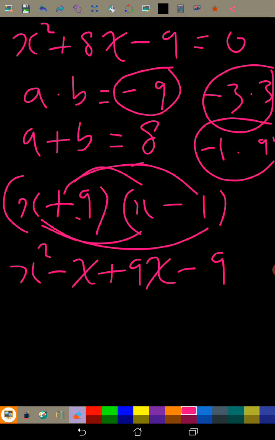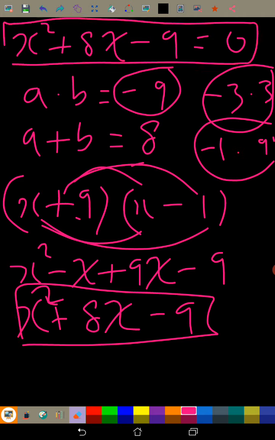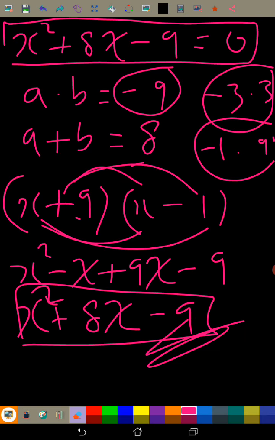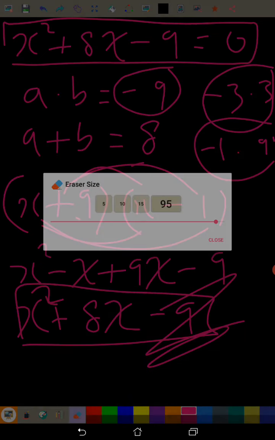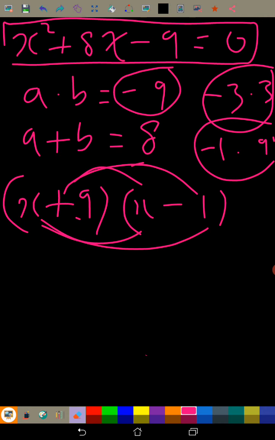So if I solve this, I get x squared plus 8x minus 9, which is the same as our original equation. For that reason, I know that this is the right way to factorize this quadratic equation.